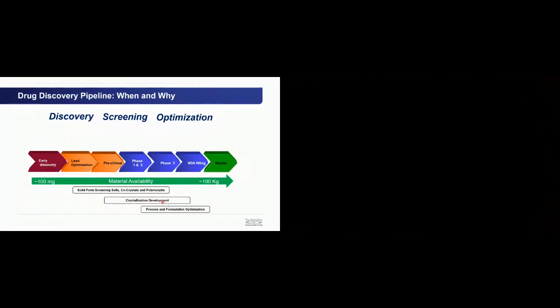Then moving on to crystallization, and then up to processing and formulation optimization. And we have machines which cater to those 3 areas. So you can use a crystal breeder for discovery when you have a small amount of material. The Crystal 16 when you're looking at larger quantities and more at crystallization development, but as well looking at the solid form. And then optimization, so going even to higher volumes of material.